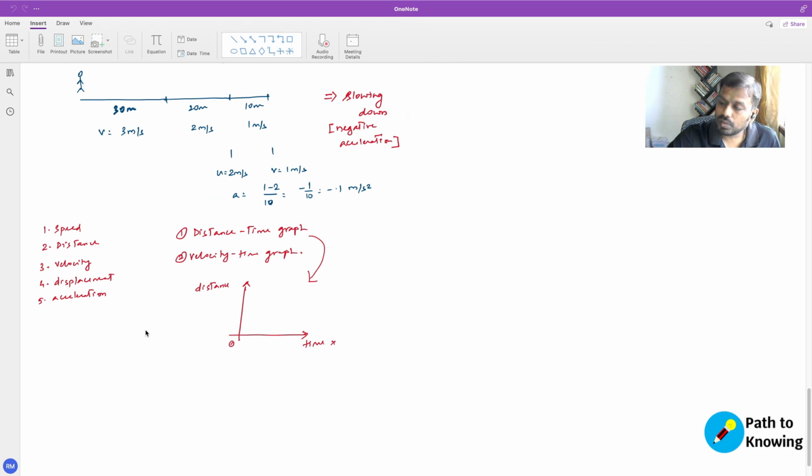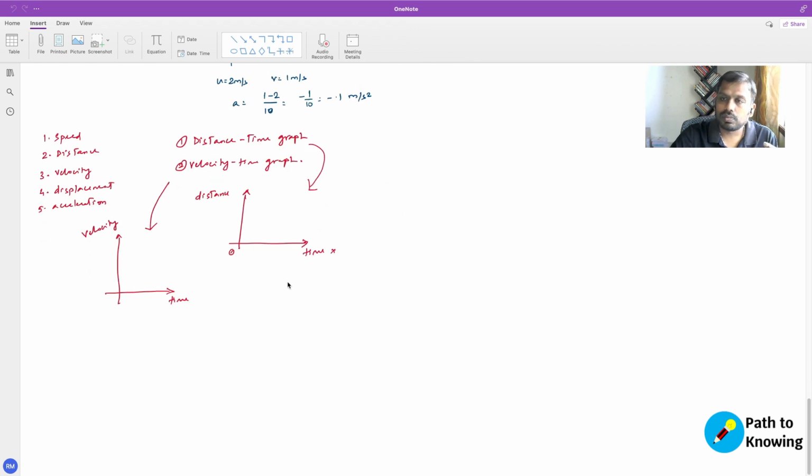In the velocity time graph, you have something like this. You have your velocity on the y-axis, and then you have your time on the x-axis. So that is how these two graphs work. So let's try and represent some scenarios that we have gone through on a graph.